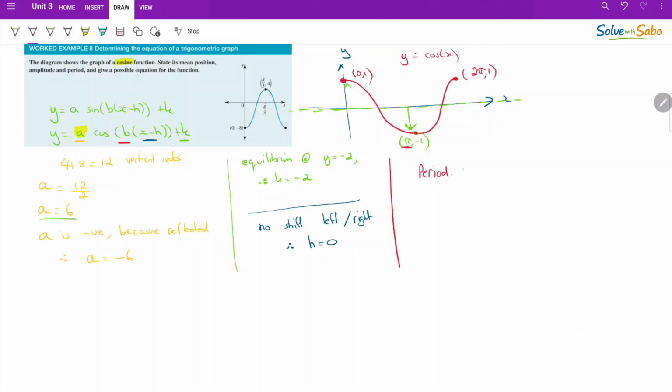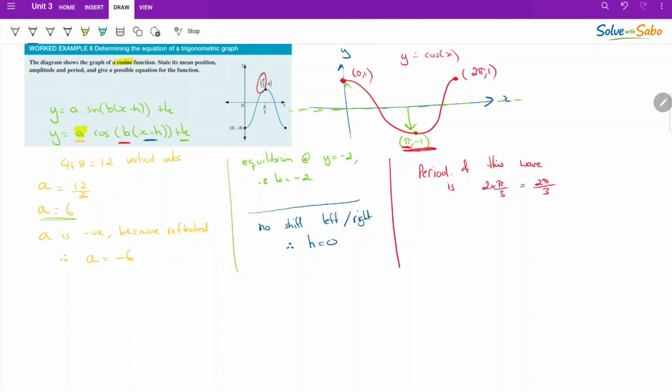Well, let's look at the period of this wave. Our halfway point on a base wave is pi, and in this case, our halfway point is pi on 3. So the period of this wave is 2 times pi on 3, so 2 pi on 3.